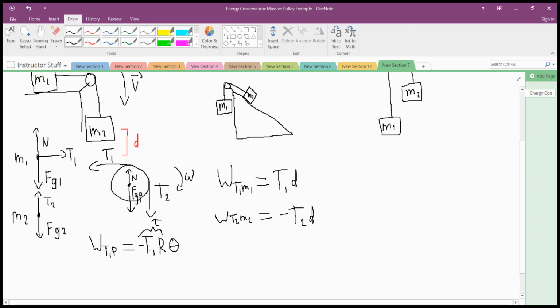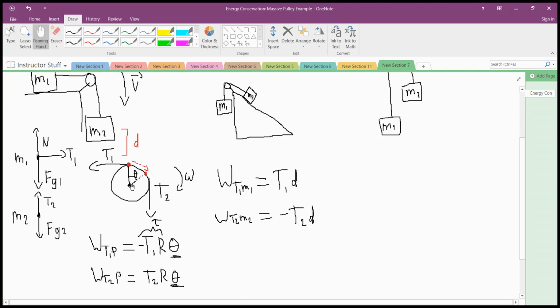We can do something similar for the work done by tension 2 on the pulley, and there we have it. This time the torque pushes the pulley in the same direction as the angular displacement, so there is no minus sign. It's a positive amount of work done. The angular displacement in both equations is the same because, once again, this whole system is moving as one system, and the rope that's moving along the pulley is moving along it without slipping.